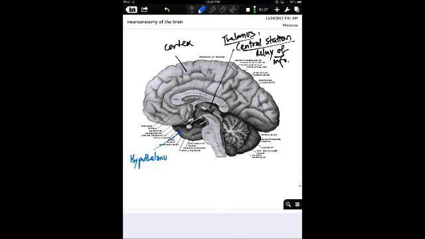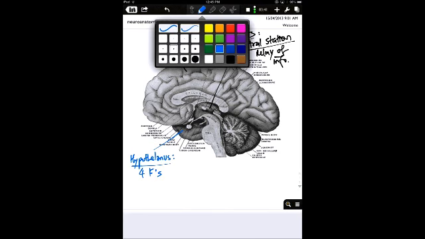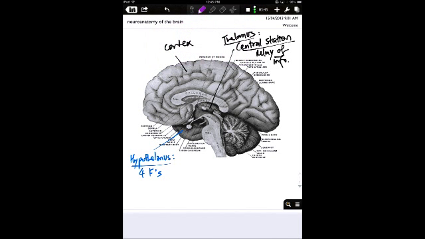Now the cerebellum, we'll just briefly talk about him, but that's responsible for the smoothness of movement.